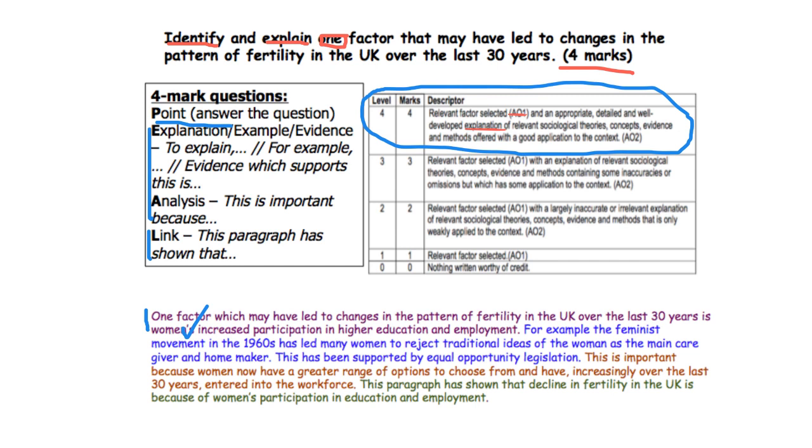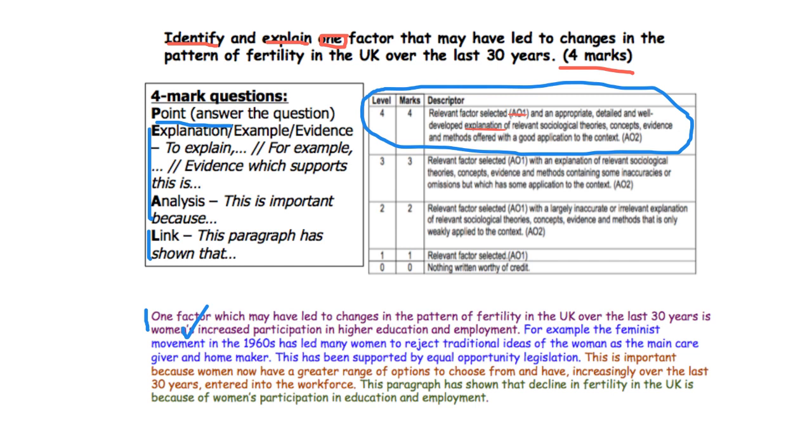Analysis. This is important because women now have a greater range of options to choose from and have increasingly, over the last 30 years, entered into the workforce. And I could perhaps make this more specific to the question. So if I was to criticize my own work, I would say enter into the workforce instead of staying at home and having children.